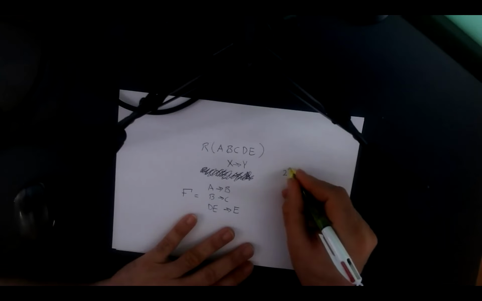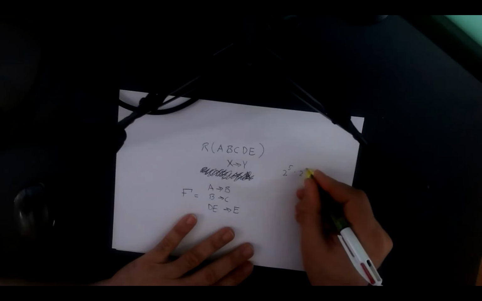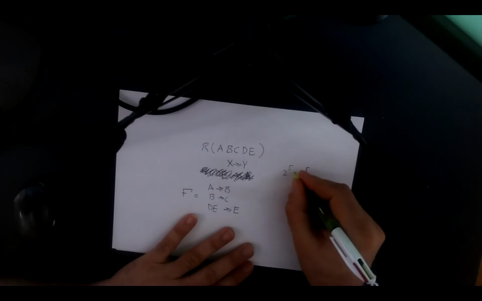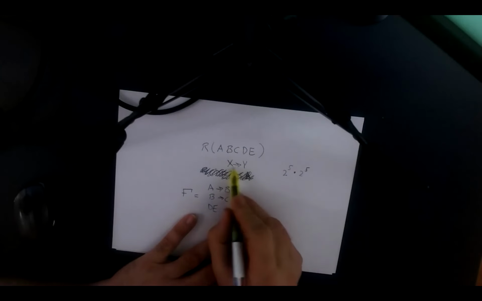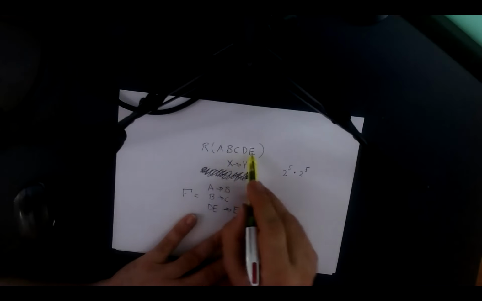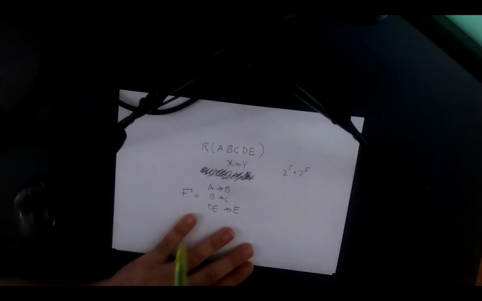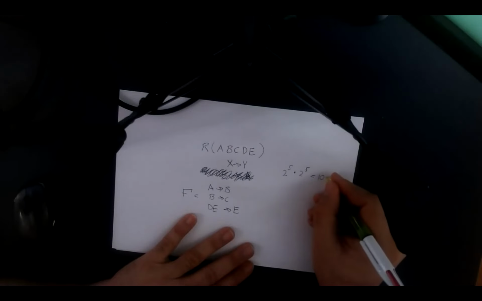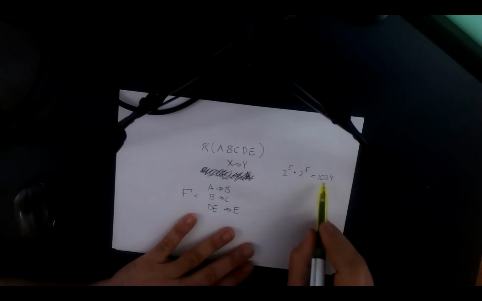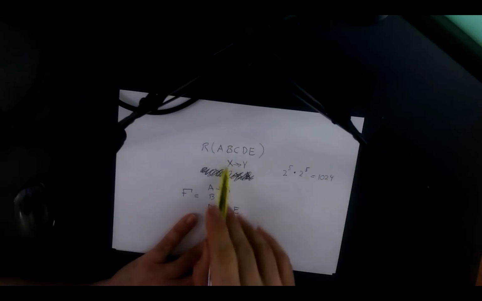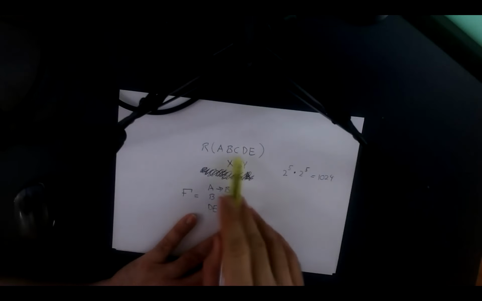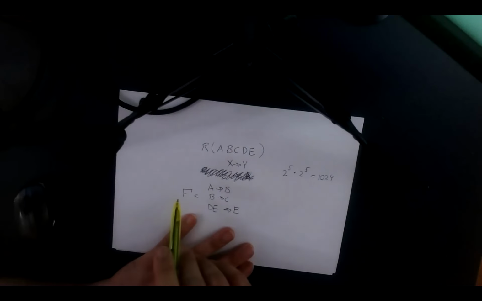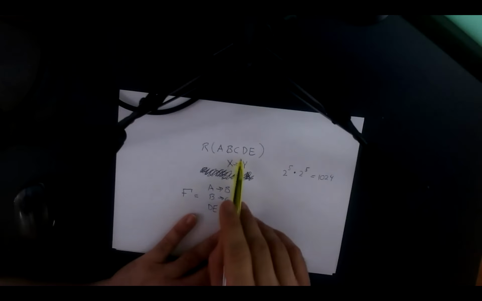So really, what we have is 2 raised to the 5th times 2 raised to the 5th. Am I right? Those are the total number of distinct functional dependencies we can write over this table, and that means it's 1024. So it's not infinite.